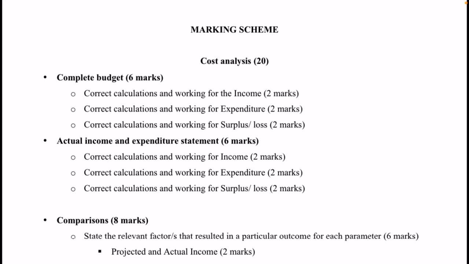For each budget, a total of 6 marks can be obtained. 2 marks for each parameter. Therefore, at the end of your complete budget and the income and expenditure statement, you will have a total of 12 marks in all, pending that you would have done all your calculations and working correctly.